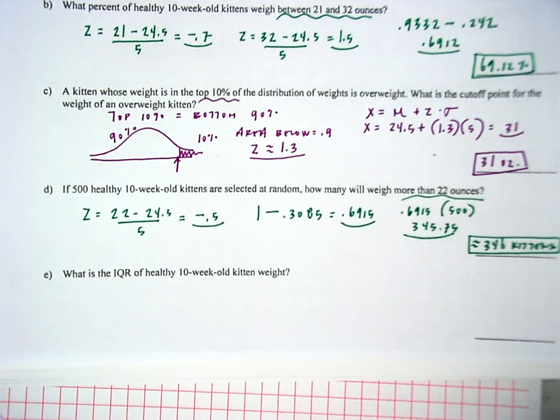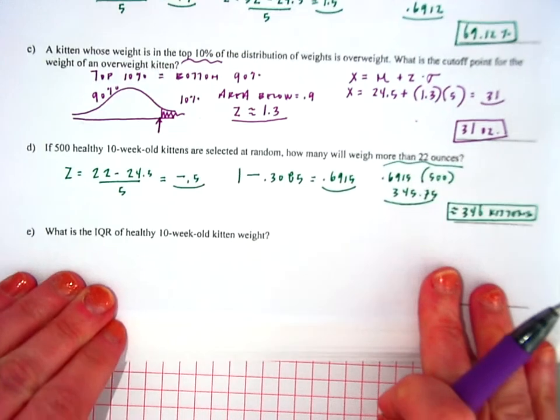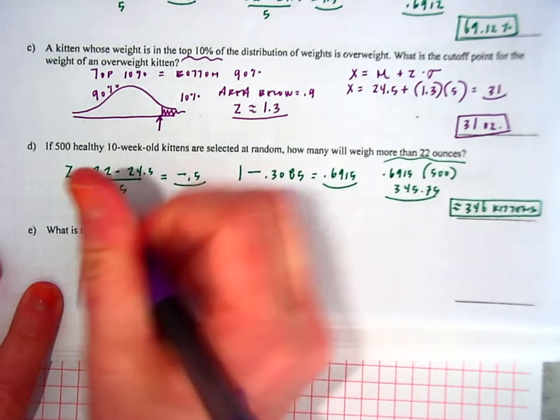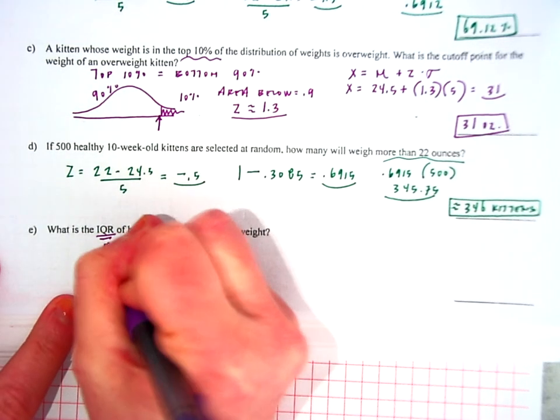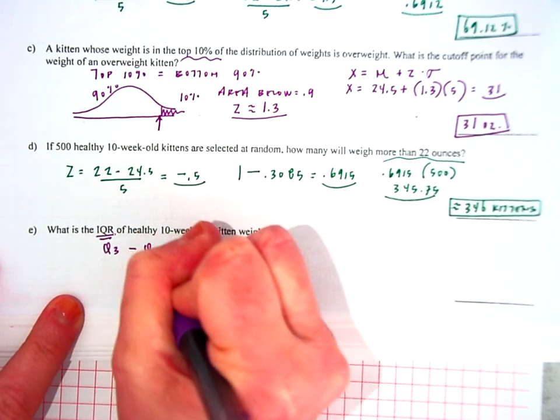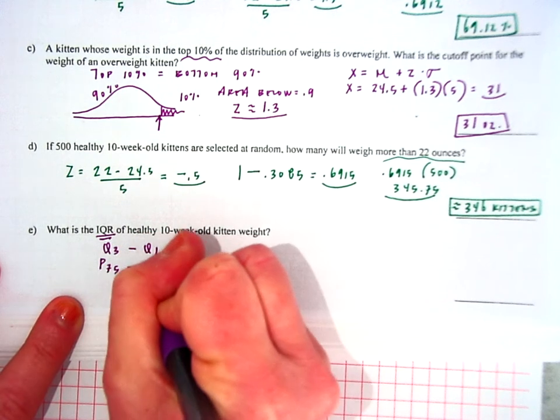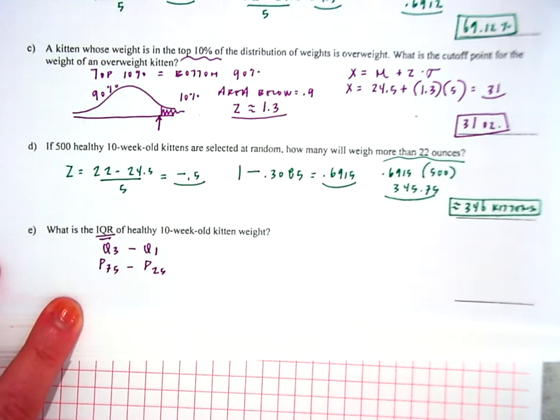All right, last up for our review today. What is the IQR of healthy 10-week-old kittens? Remember that IQR is the difference between the quartiles, Q3 minus Q1, which is really the 75th percentile minus the 25th percentile.